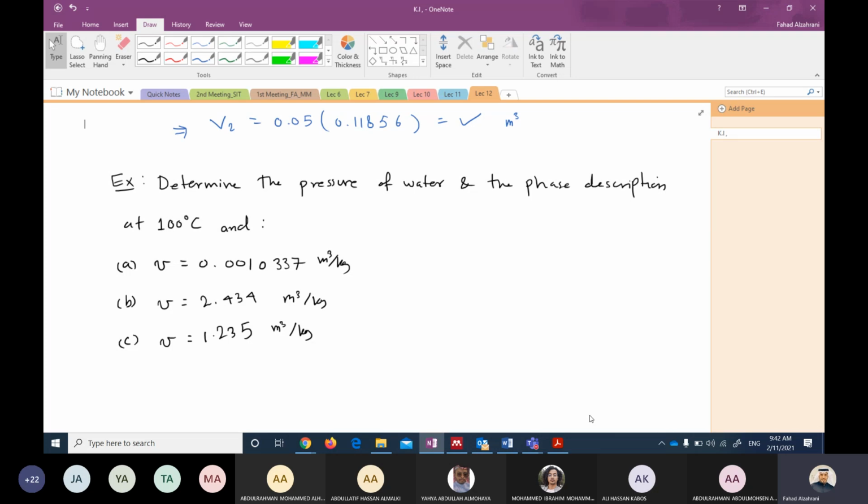Yes, that is correct. How did you find it is compressed liquid? From table A5. In table A5.